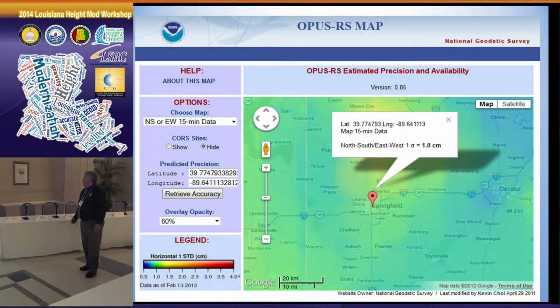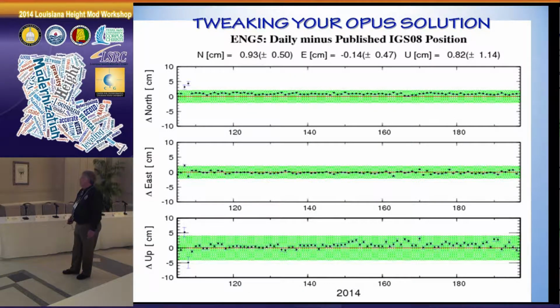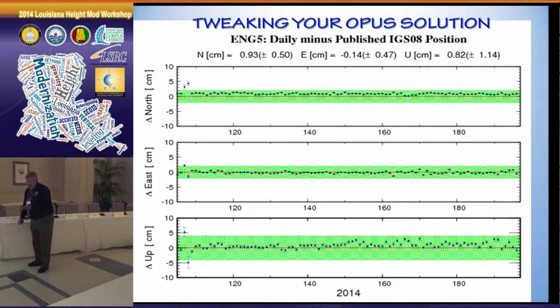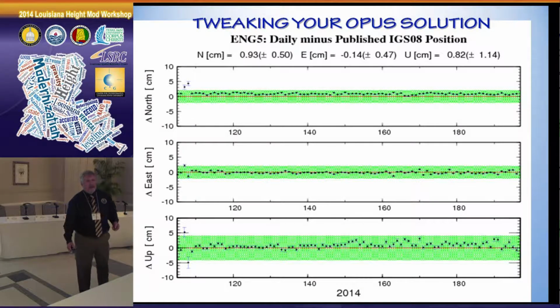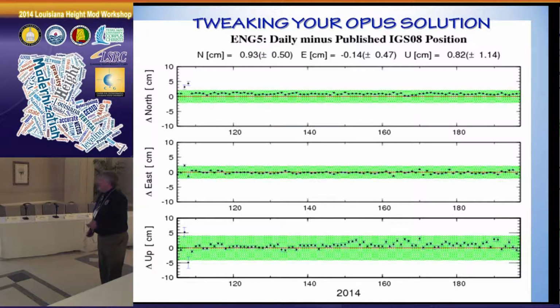Okay, there's another point, and that is the horizontal. And the horizontal, you can see, is much better, 1 centimeter. I'm not going to suggest doing this all the time, but if you've got a super important point, just like we were talking about getting an ellipsoid height du jour at the RTN stations, you can look at this plot. Let's say you were at a station for day 170.